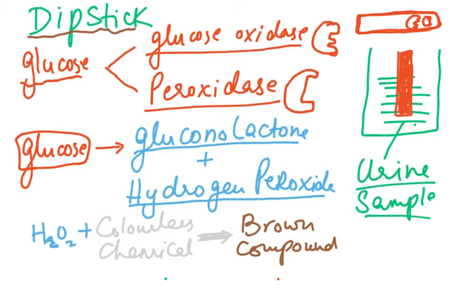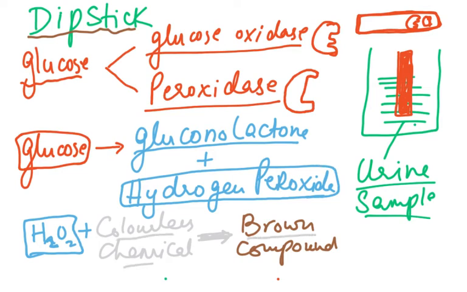Now, also on the test strip, we have a chemical on it. The chemical is colorless, and it's going to react with the hydrogen peroxide. So this H2O2, which is the hydrogen peroxide, is going to react with this colorless chemical and is going to result in a brown color. Now this brown color, of course, has got different shades. The more the glucose that is present, the darker the color.